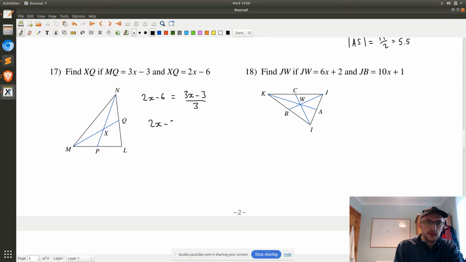So 2x take 6 is equal to x take 1. So x take 6 is equal to -1. So x is equal to 5. But we need to find XQ. So 2 times 5 take 6, which is 4.